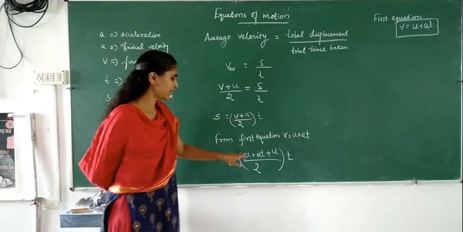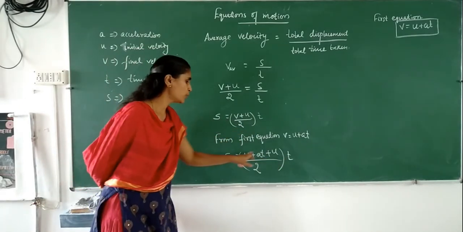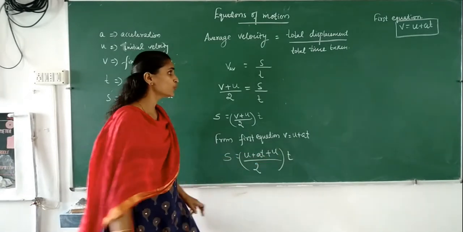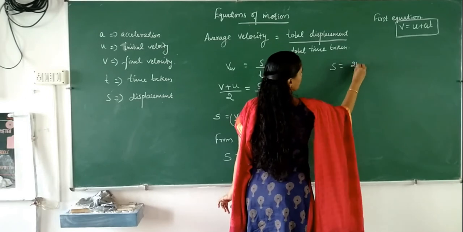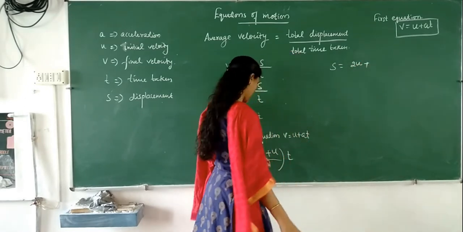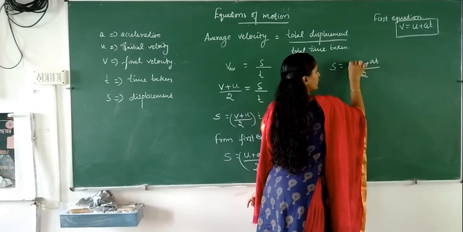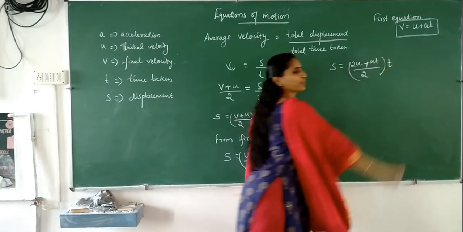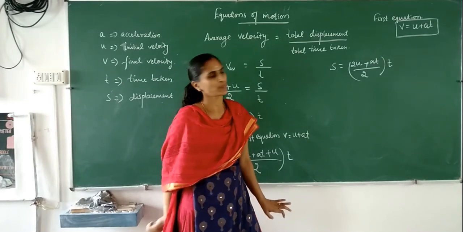Instead of v, we write u plus at. And u plus u we can write as 2u. So s equal to 2u plus at by 2 into t.